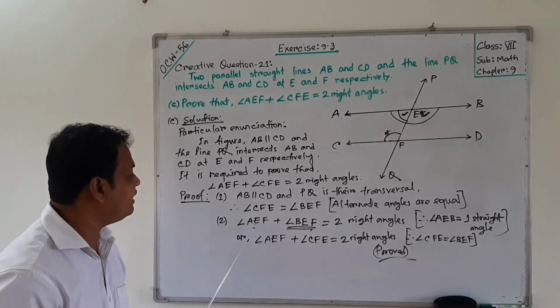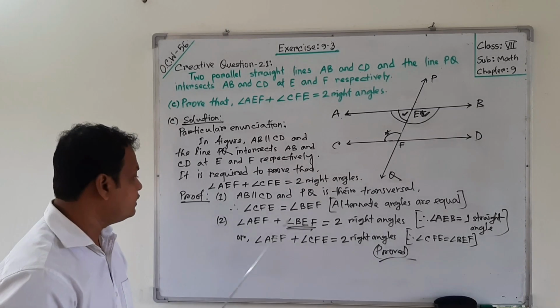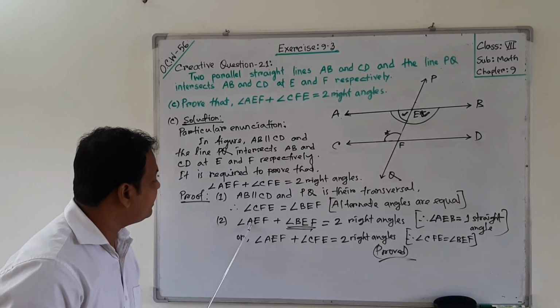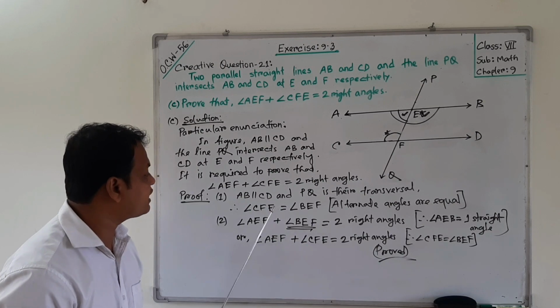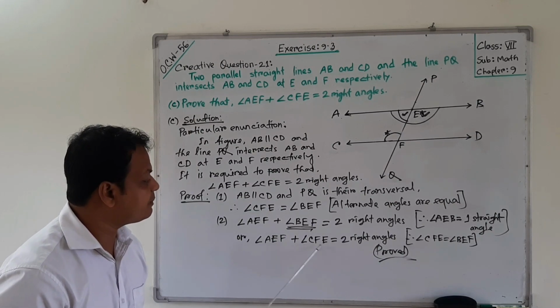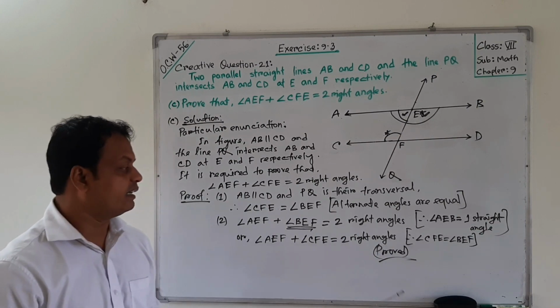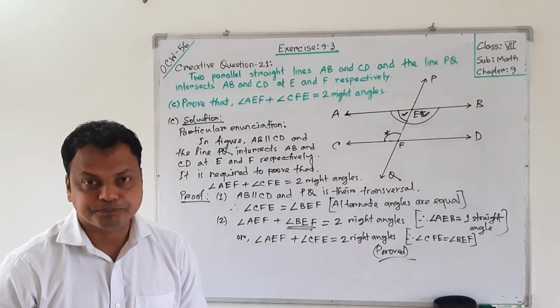So angle AEF plus angle BEF equals two right angles. Instead of angle BEF we can write angle CFE, so angle AEF plus angle CFE equals two right angles. In this way the proof is completed.